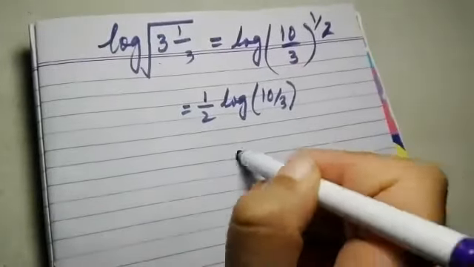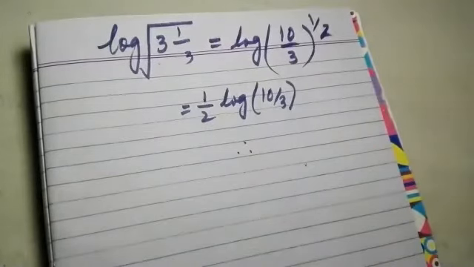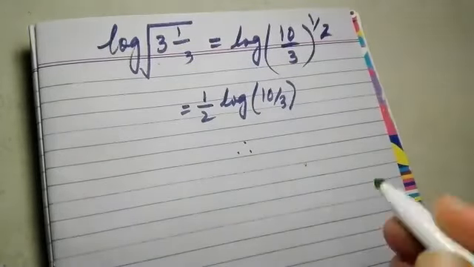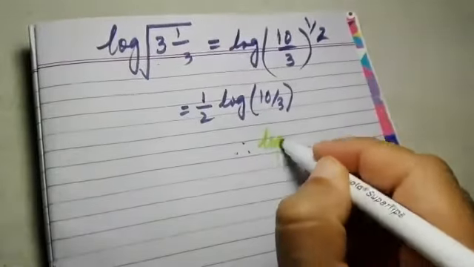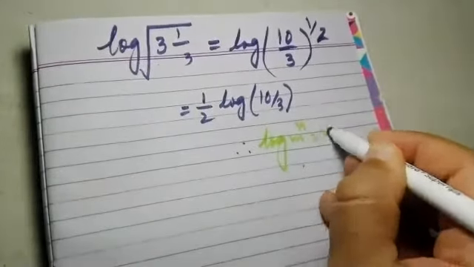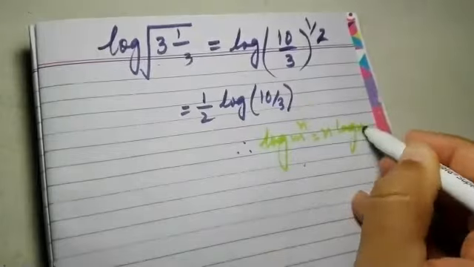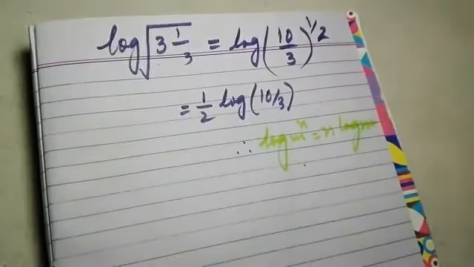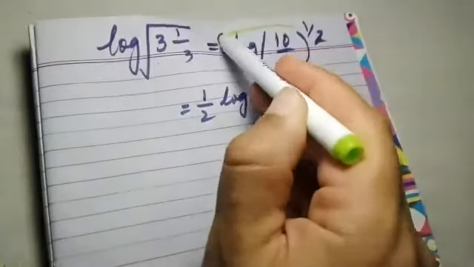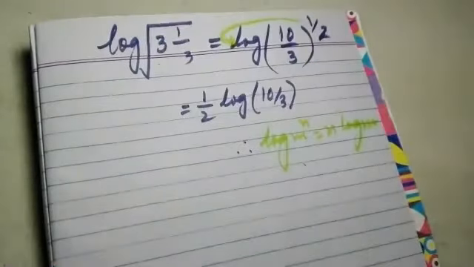I have done it by using this law. As I told you earlier, we write it because of the third law of logarithm, log of m to the power n is n times log m. So this converts into 1 by 2 as a multiple of log 10 by 3.